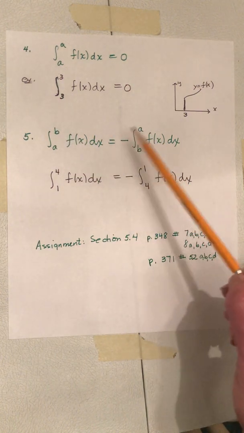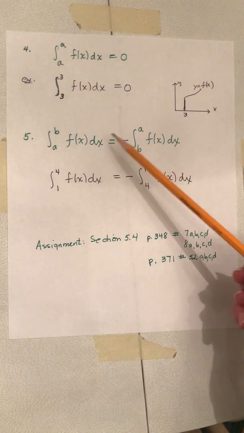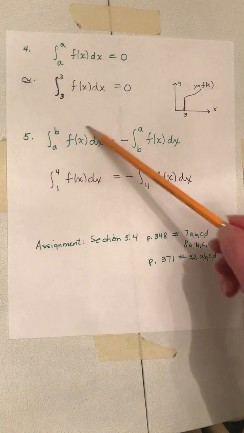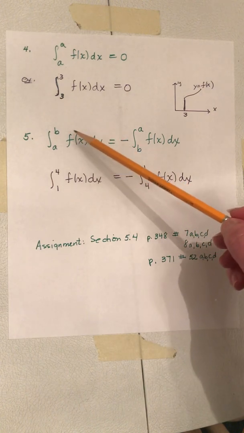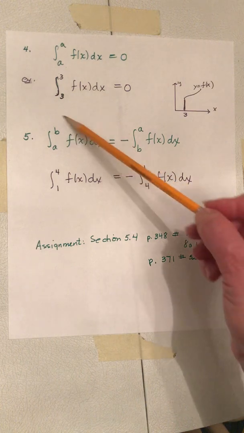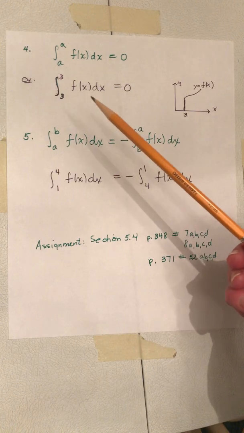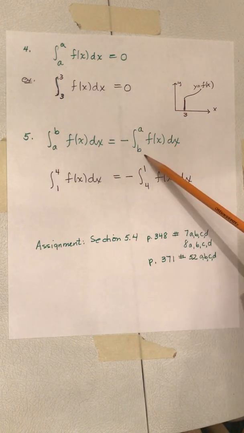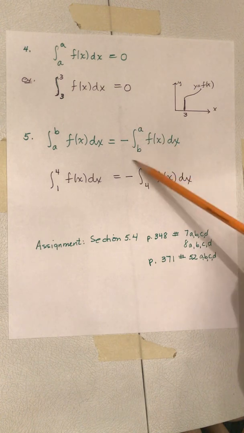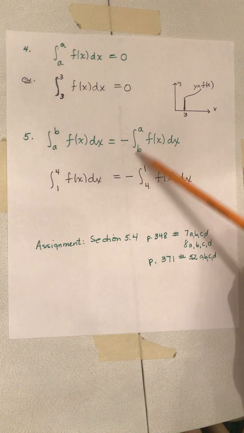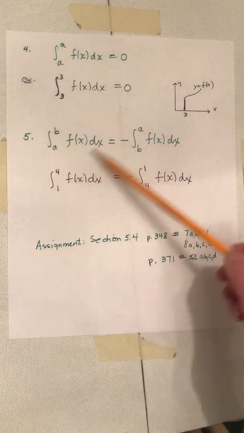I was going to do that all out for you and show you why, but let's just think about it. If you found an antiderivative, if this was some function like x squared, and you found the antiderivative, 1/3 x cubed, you would plug b in first, a in second, and then subtract. But if I switch it and I plug a in first into the antiderivative and b in second, the only thing that's going to happen is you're going to get the negative of the answer you got from the first integral.